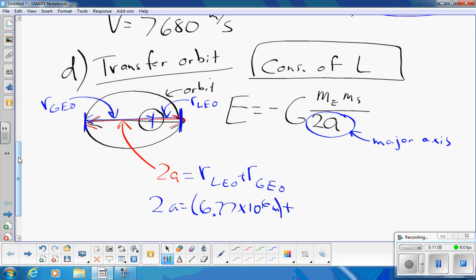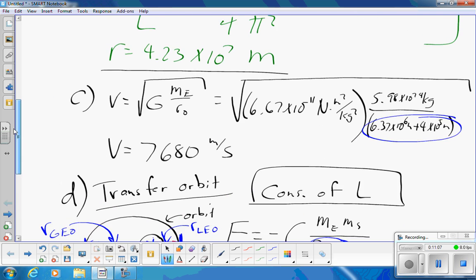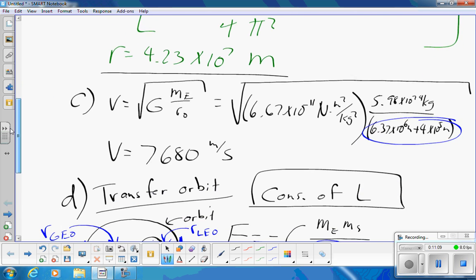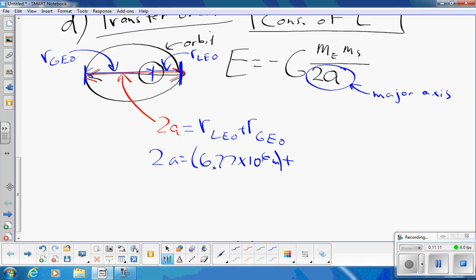And then the radius of GEO is what we got back in part B, 4.23 times 10 to the 7 meters. So 2A, the major axis, is the sum of those, which is 4.91 times 10 to the 7 meters, I hope.